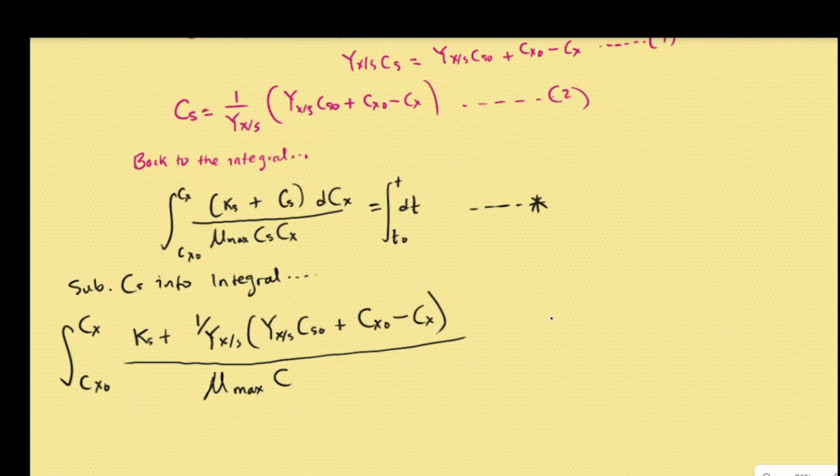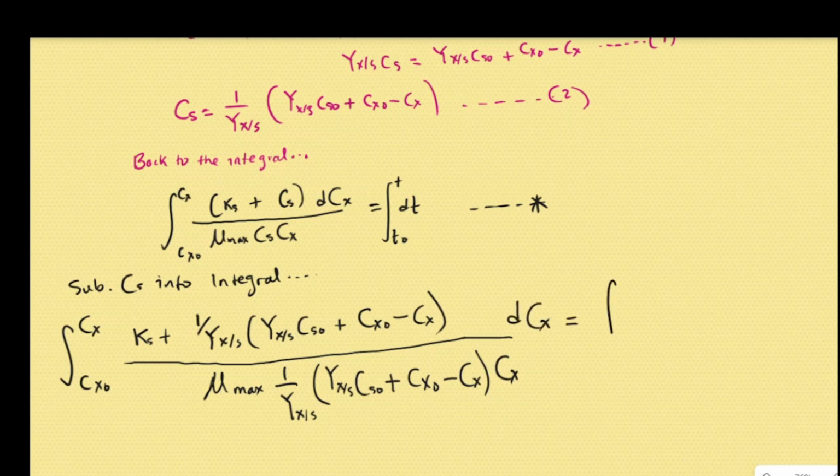I still made the same mistake. So instead of Cs, you have 1 over Yx/s into (Yx/s Cs0 plus Cx0 minus Cx). Then you now have Cx outside the bracket. So this is dCx, and this is equal to the integral from t0 to t of dt.